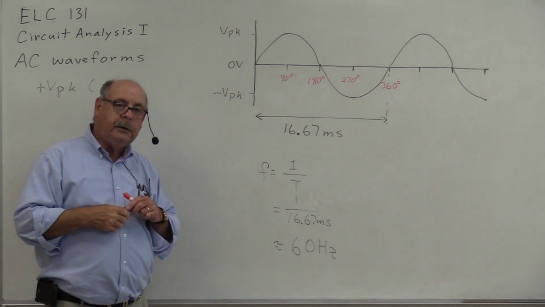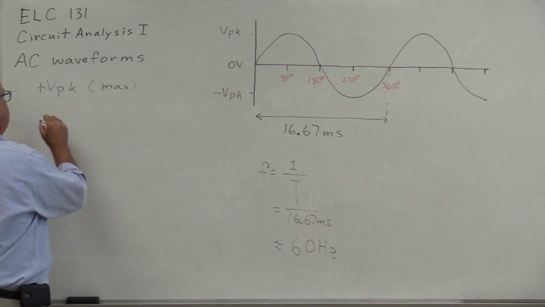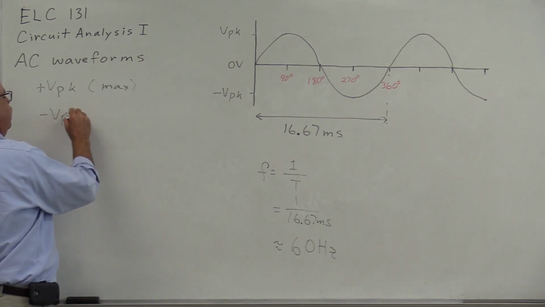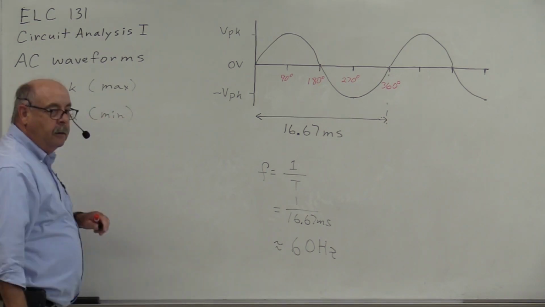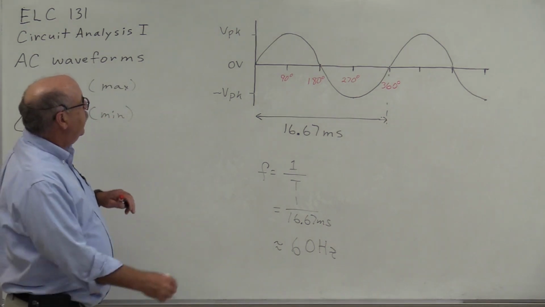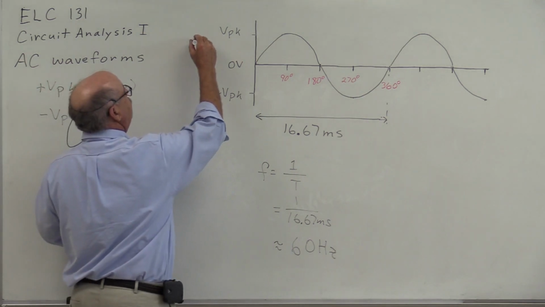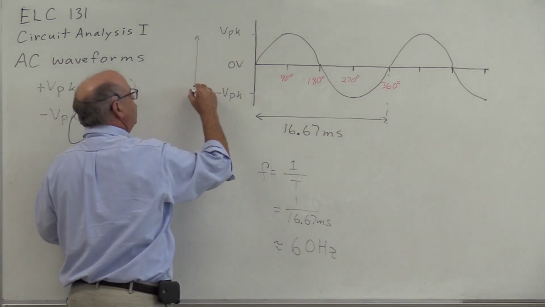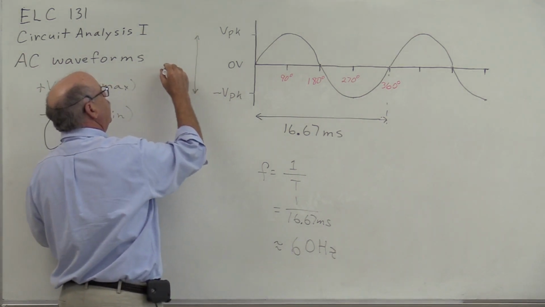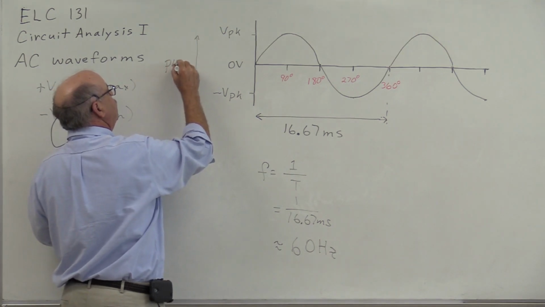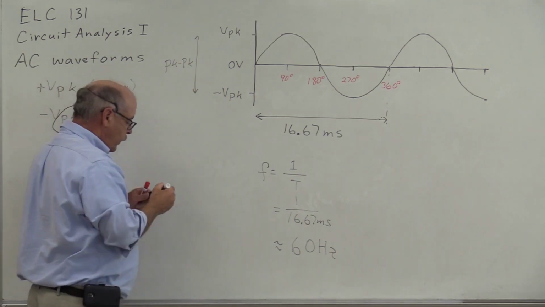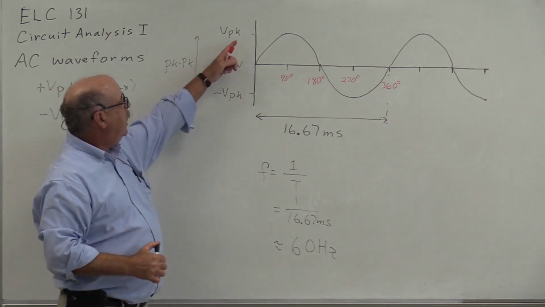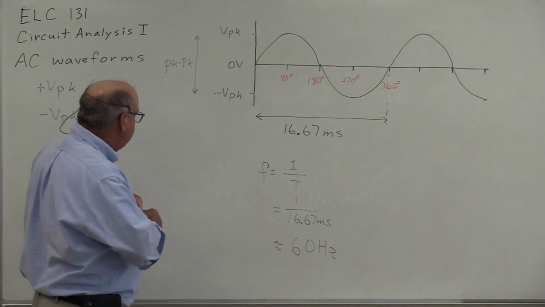We can talk about these waveforms in terms of their negative peak value, which again is their minimum value. And we can also describe or quantify these waveforms in terms of their peak to peak value, which is simply the distance from the positive peak to the negative peak.